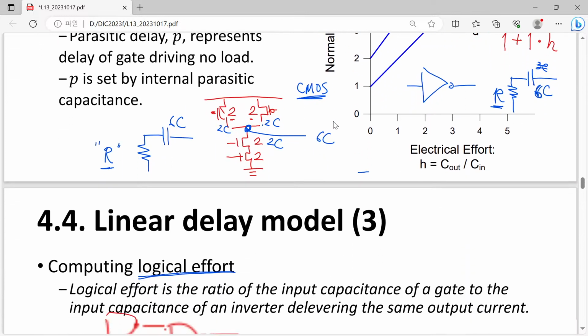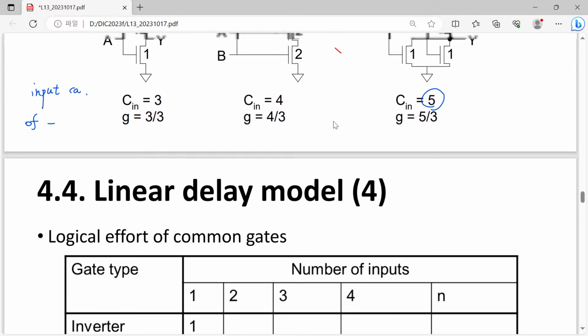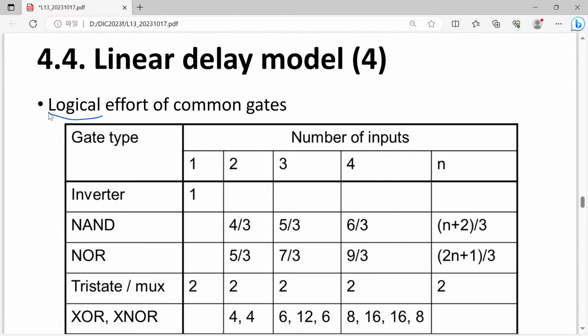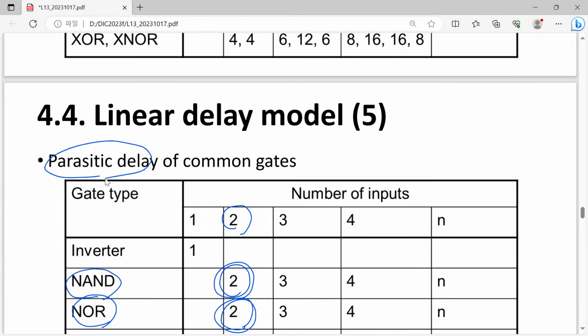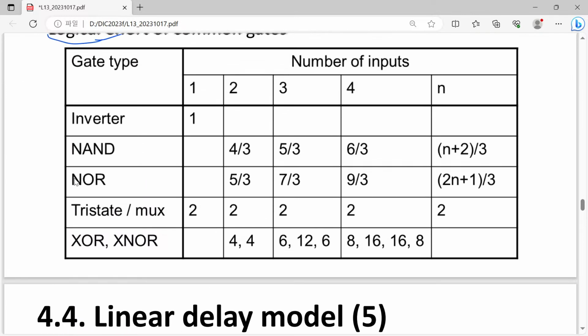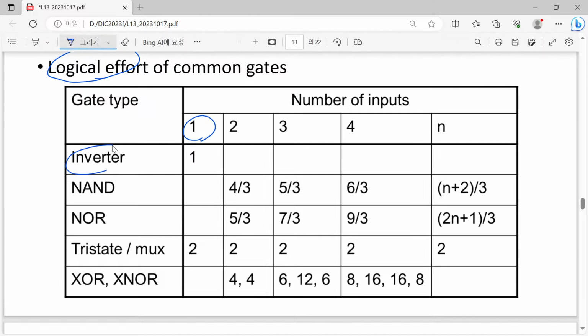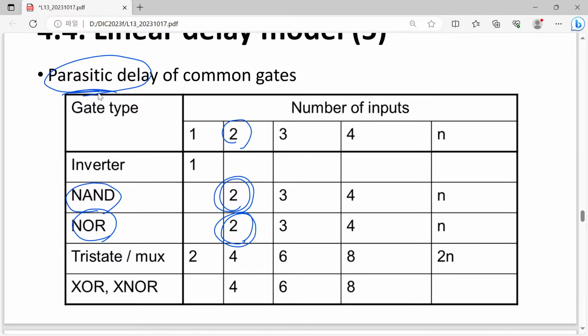Okay, due to time limitation, now let's go to this table, the logical effort and parasitic delay. They share the same property. What is the property? I mean that when you have a certain number of inputs and gate type, then this logical effort and parasitic delay are given.